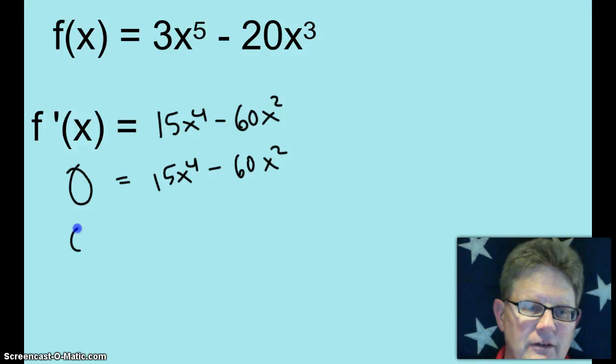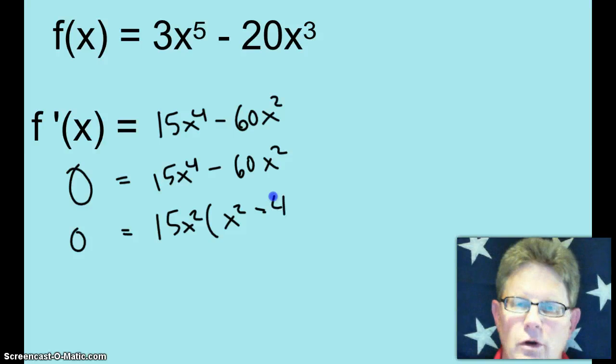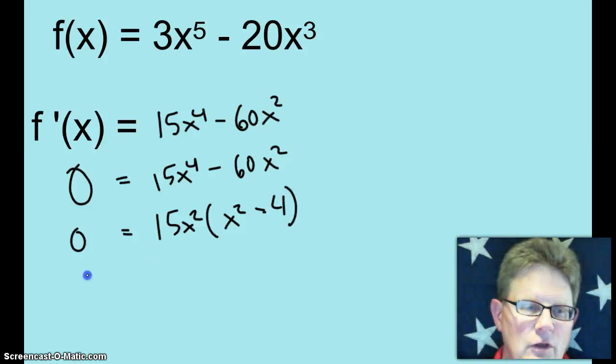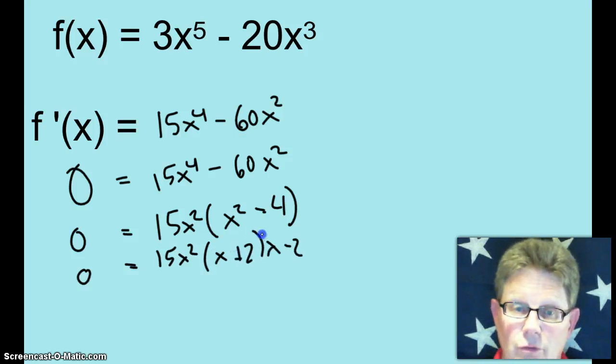Let's go ahead and factor that. I think we can pull out a monomial 15x squared. And when we do that, we're left with x squared minus 4. Hey, how convenient, a difference of two squares. So let's just continue to factor. 15x squared, x plus 2, x minus 2.